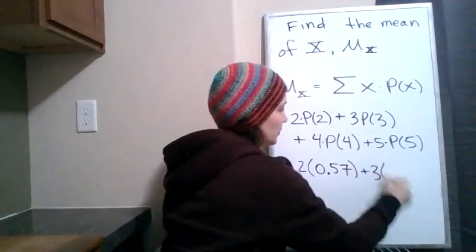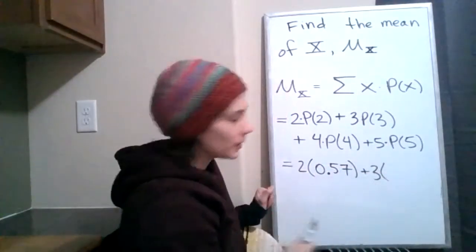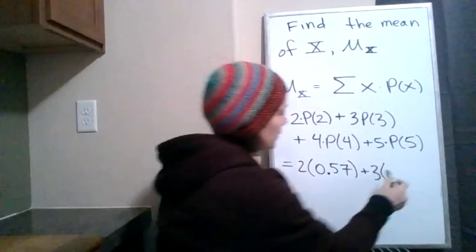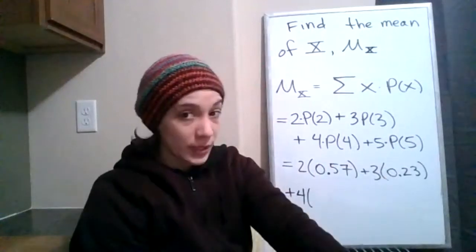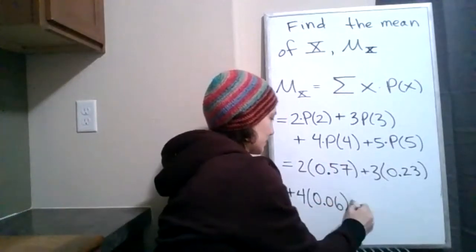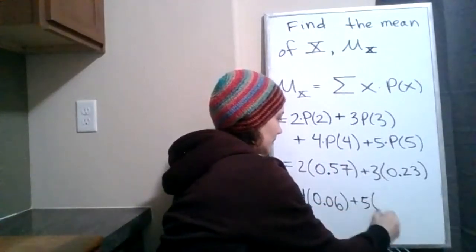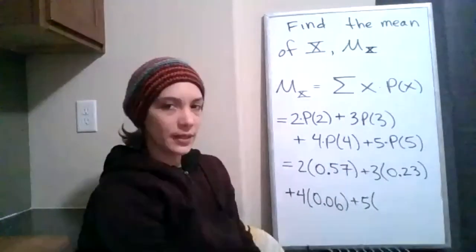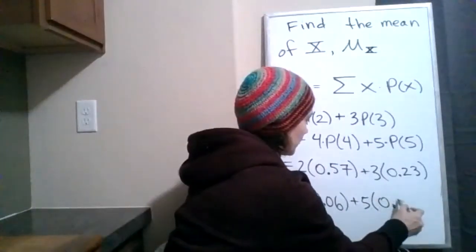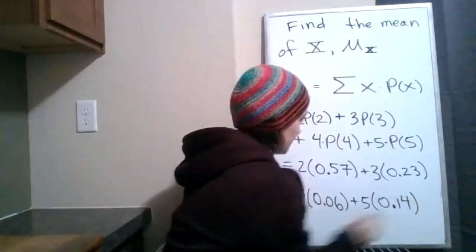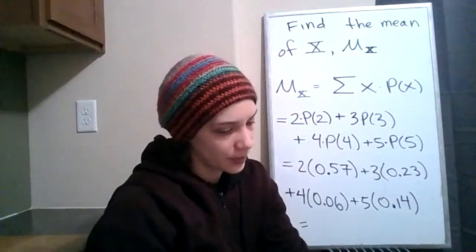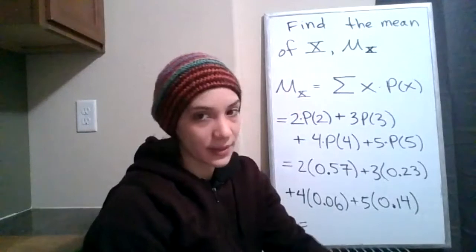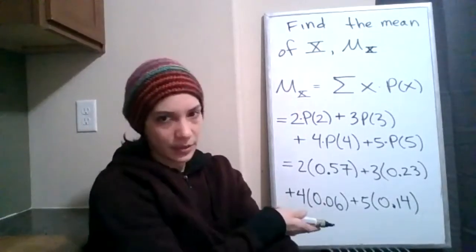Okay, 3 multiplied by 0.23. 4 times 0.06. 5 multiplied with the last probability. All right, and then I put it through a calculator and I got 2.77. And of course, double check it if you have time.